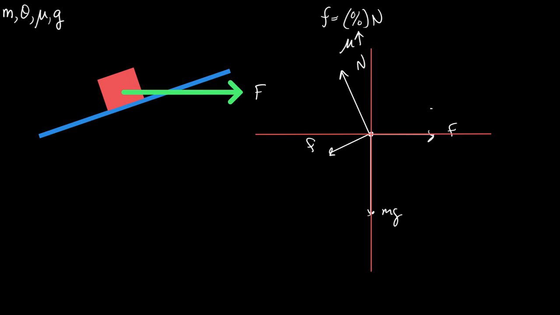Or I could do the problem this way. I have to pick one of these. The net force equals 0 no matter which way I pick. Now, both ways will give us the same answer. The real question is, which one should we choose?